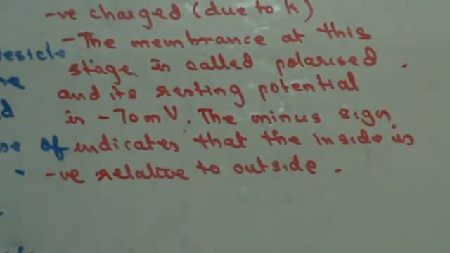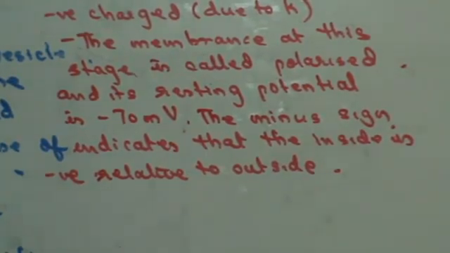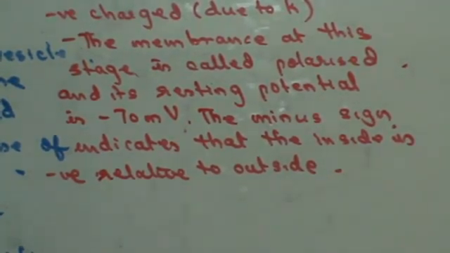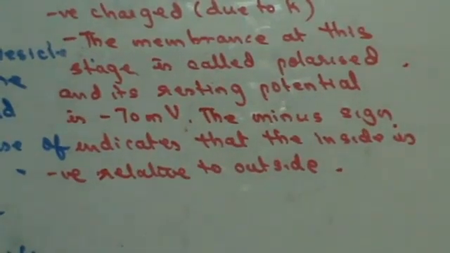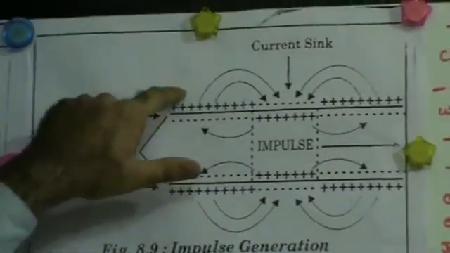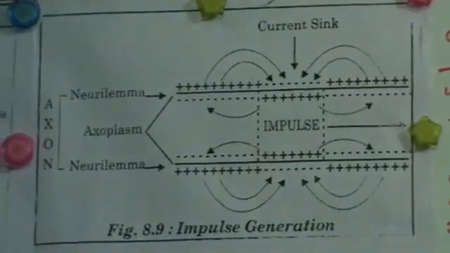Right? So because of selective permeability of ions, you have a potential developed which is equal to minus 70 millivolts. What is actually minus 70 millivolts? It is nothing but the net difference in the charges between the inner and the outer surfaces of the nerve fiber. That's the potential difference between the inner and outer surface of a non-conducting nerve fiber.